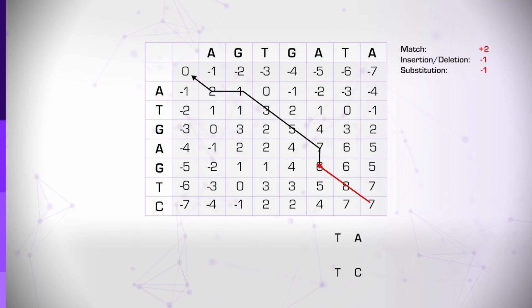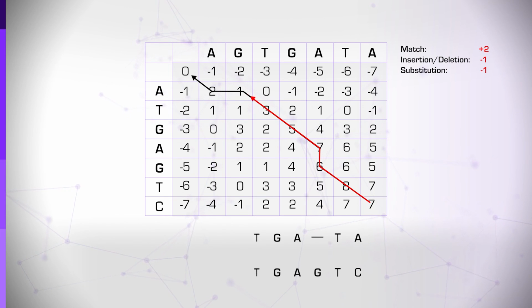When the trajectory is vertical, we take a nucleotide only from the vertical sequence, which is on the bottom row, and insert a hyphen to represent a gap in the horizontal sequence, which is on the top row. The trajectory continues diagonally, so we use nucleotides from both sequences. When the trajectory is horizontal, we use a nucleotide from the upper sequence and insert a hyphen in the lower sequence. The process continues until we arrive at the top left cell.